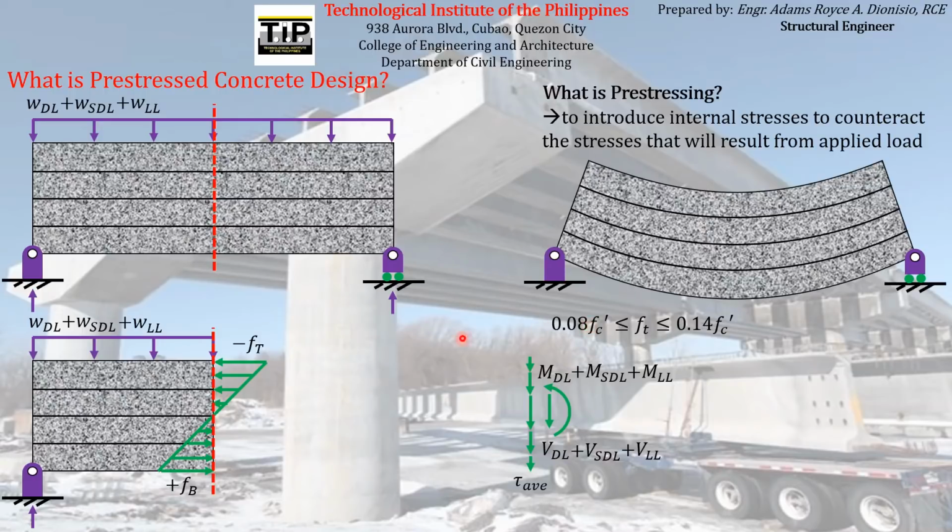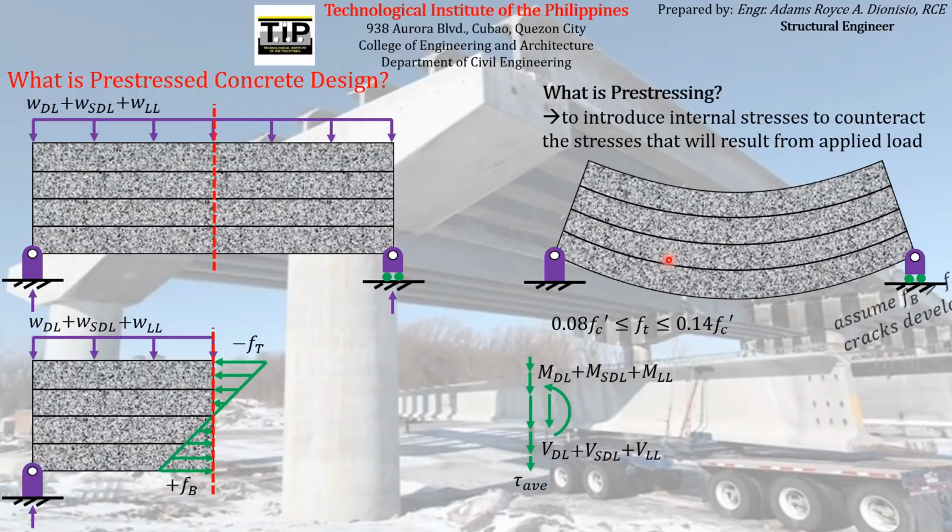So say for example, since this is a tensile stress acting on the concrete, if we assume that the magnitude of that tensile stress acting at the bottom part of the concrete beam will exceed the tensile strength of the concrete, what will happen? What will happen if that flexural stress or tensile stress acting at the bottom of the concrete exceeded the tensile strength of the concrete?